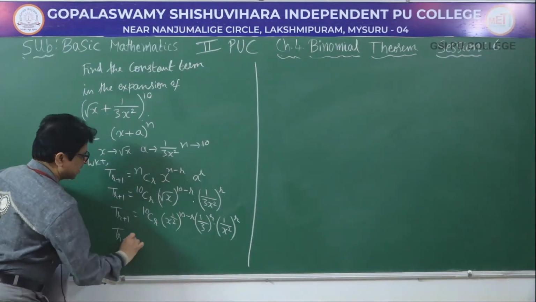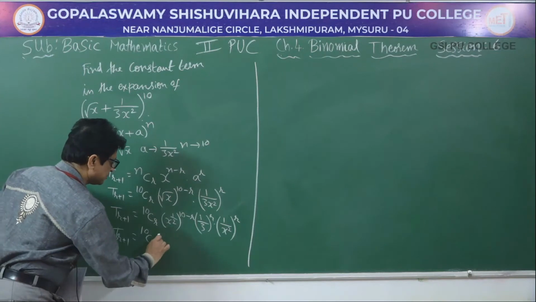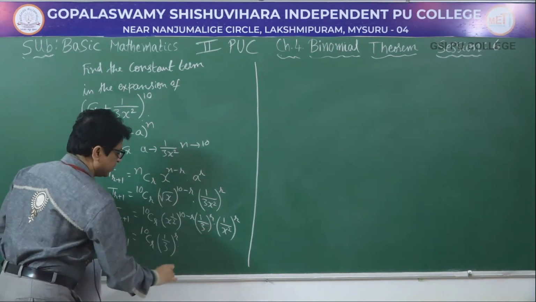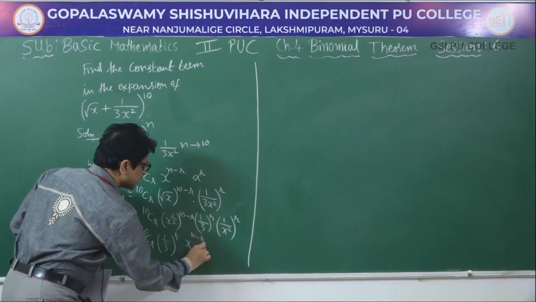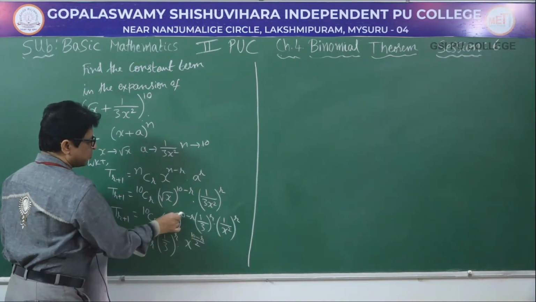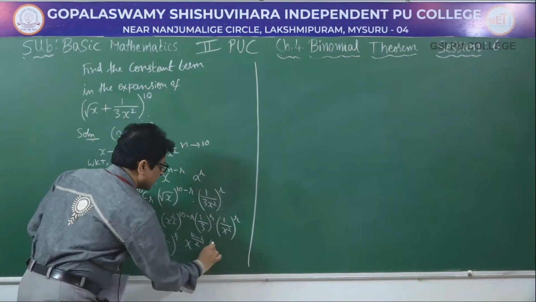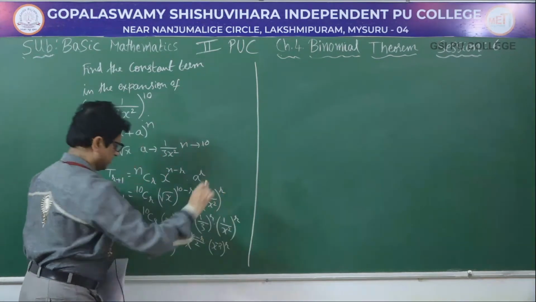T(r+1) is equal to 10Cr into 1 by 3 whole power r into x power 10 minus r by 2, by using the formula (a power m) whole power n is a power m into n. 1 by x square is x power minus 2 whole power r.